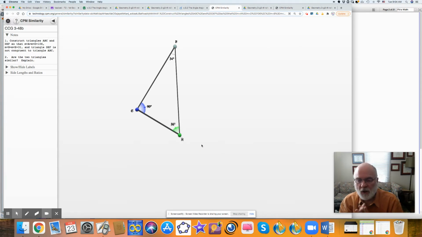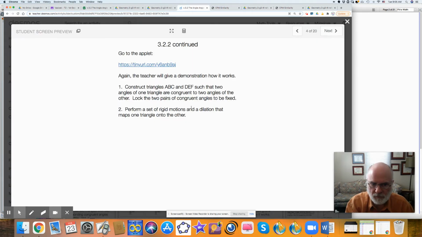In other words, you can always map two similar triangles onto each other by a set of rigid transformations, that is, translate, rotate, and reflect, and a dilation, which is getting larger or getting smaller. And two angles, as shown in this visual proof, is sufficient to prove that. We could have written it out in words, but instead we chose to do it visually with this applet.